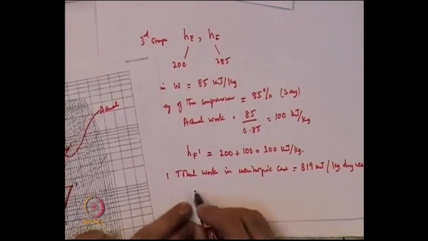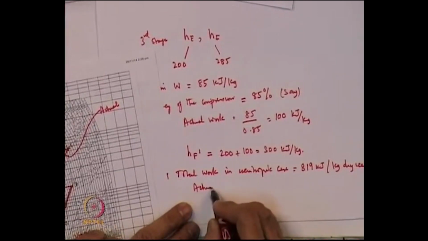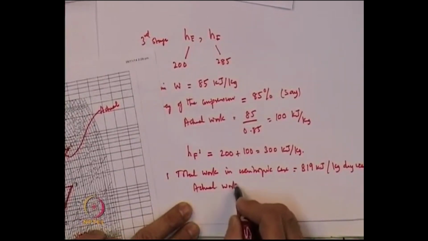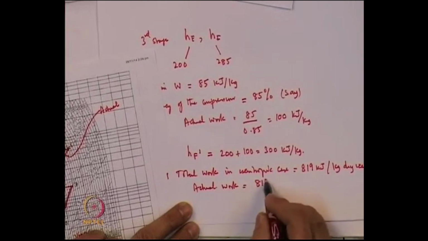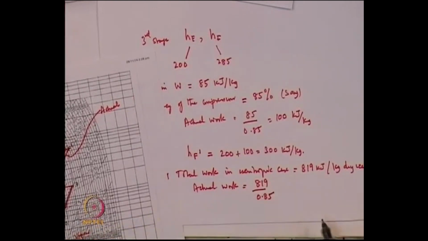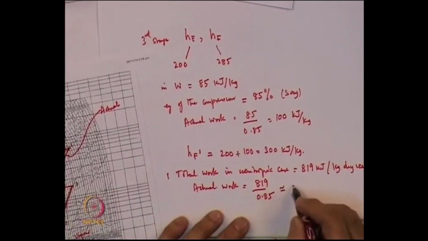Now, the actual work is equal to 819 divided by 0.85. You can calculate this, it will be approximately 940.